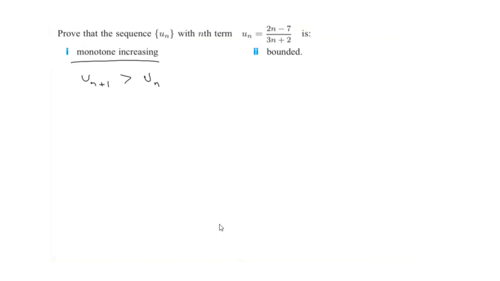So that is one way to show it, and you can do that algebraically. A much more useful rearrangement would be to show that the next term, if you subtract the current term from it, then that will be greater than 0. So if we can do that, we show that the sequence is monotone increasing. Another thing you could do, you could write the sequence as a function, as in replace the n's with x's. So in this case, we might call it (2x minus 7) over (3x plus 2).